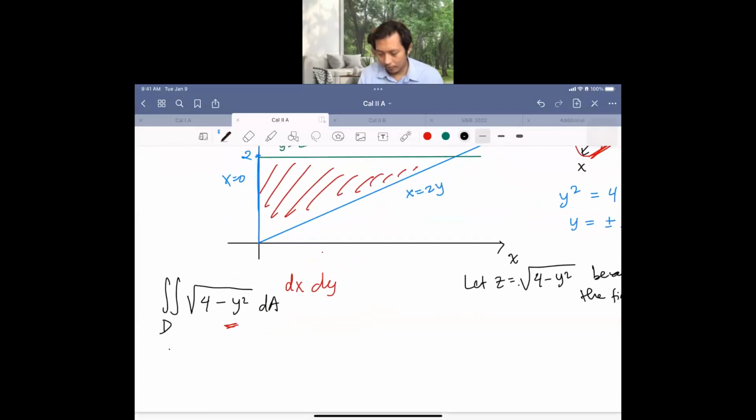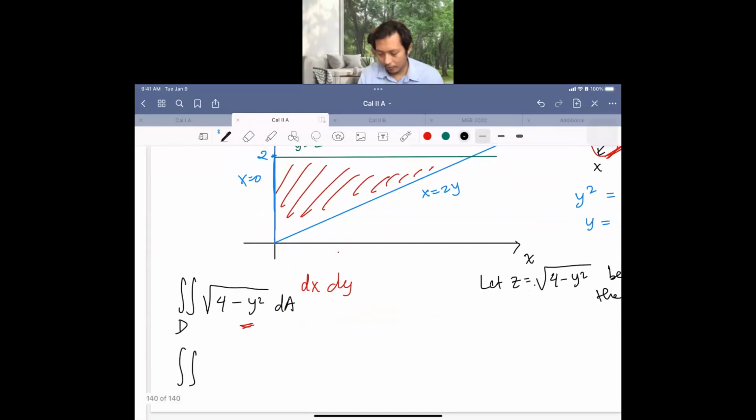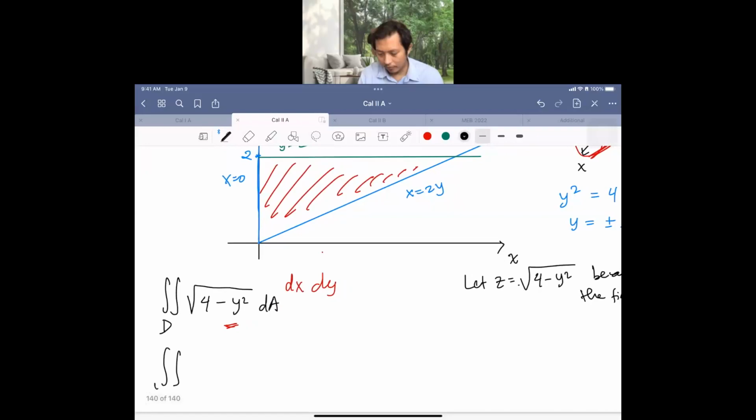So start with the integral, y will be from 0 to 2. And then let me write square root of 4 minus y squared dx dy. And then x will be from x equals 0 to, if we take this, it is going to be crossing x equal to 1. So this will be from 0 to 1.